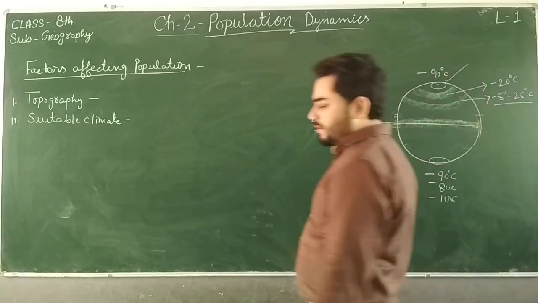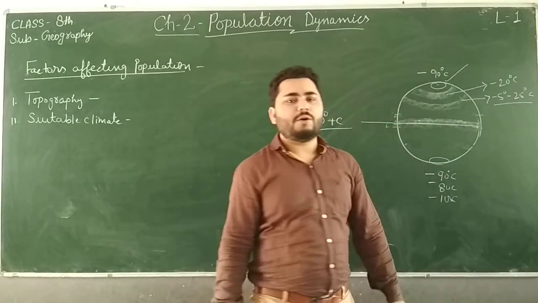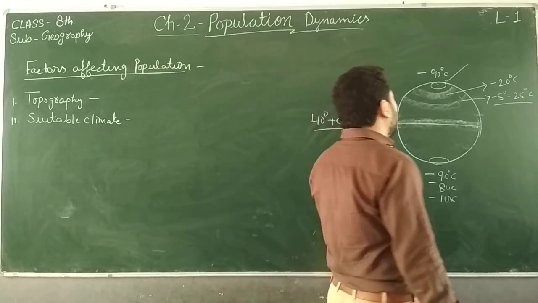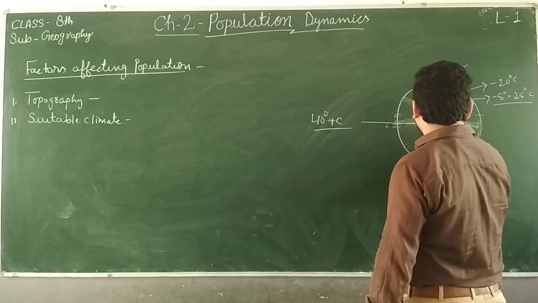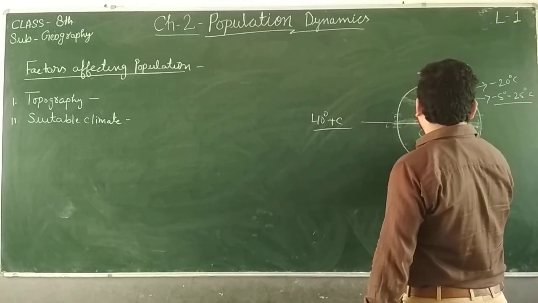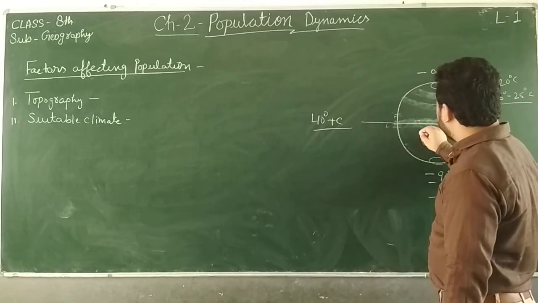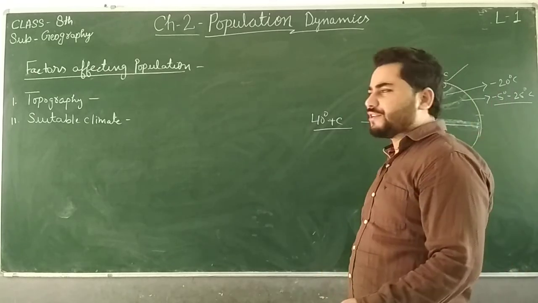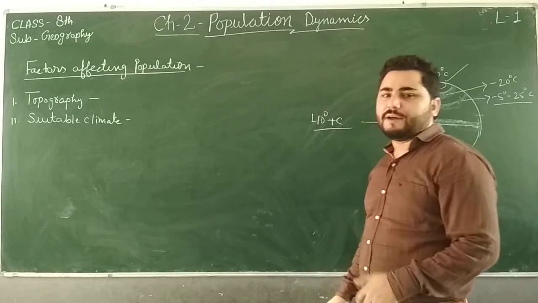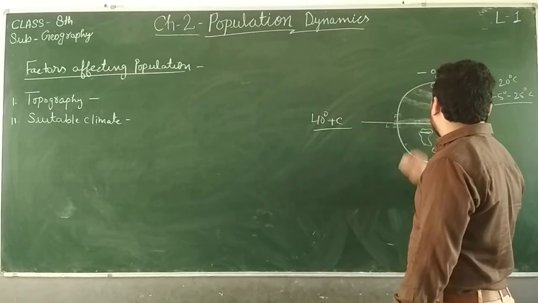And one more thing is, climate is not all about temperature. Okay, humidity, rainfall. Suppose if I ask you to go and live here in Amazon rainforest, where it rains every day and climate is very humid, you will not be able to survive there also.